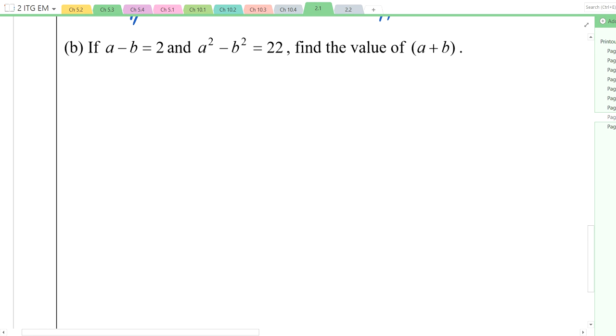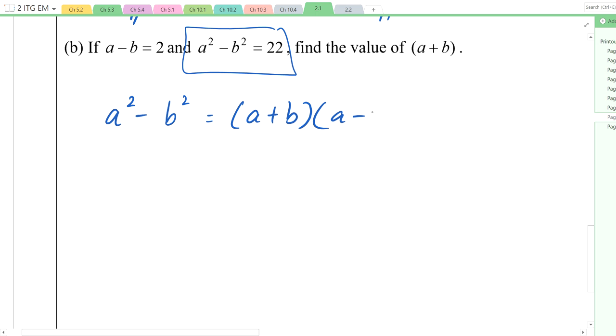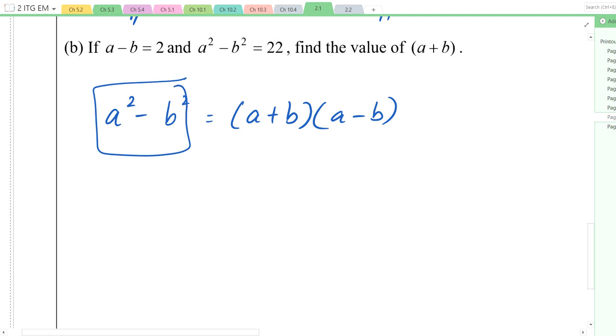Okay, slight variation to the question. My clue over here is that a square minus b square is 22. So I know that a square minus b square is actually a plus b, a minus b. Okay, then let's see what I already have. Oh, this is actually 22. I have that already.